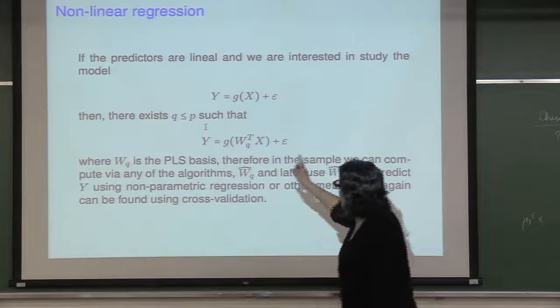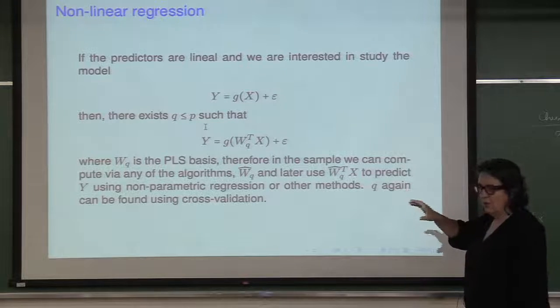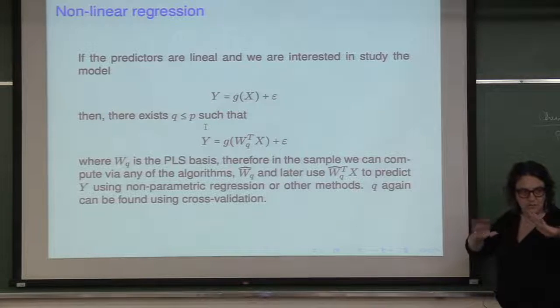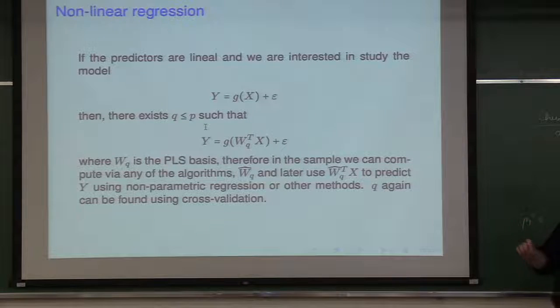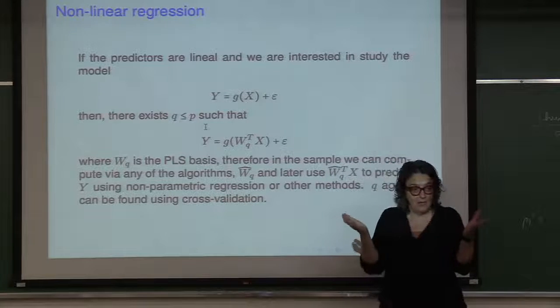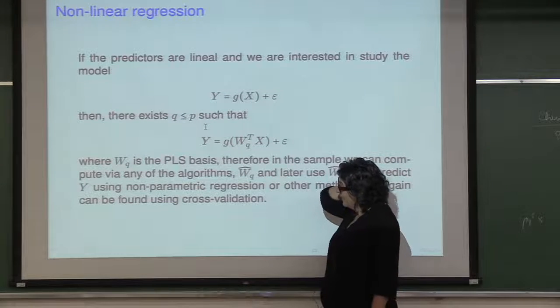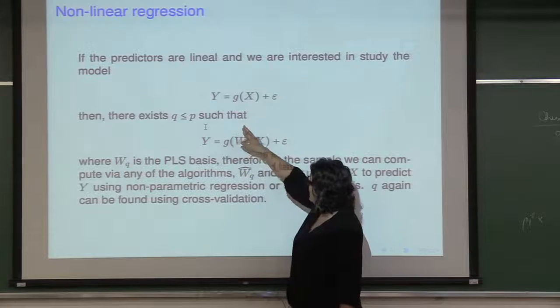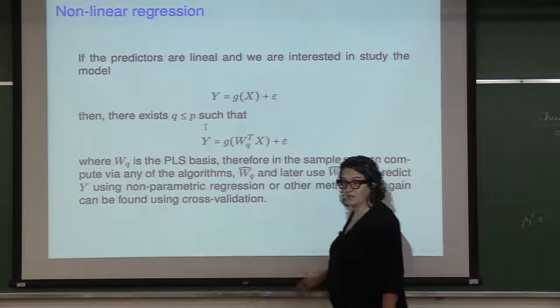If now you don't have a linear model but a non-linear model, where G is known or not known, and X are continuous predictors that satisfy a condition called the linearity condition, normal or elliptical predictors, then still the PLS basis that came from the linear model, there is still a Q less than P such that Y is a function G of this linear combination, maybe not the same G.